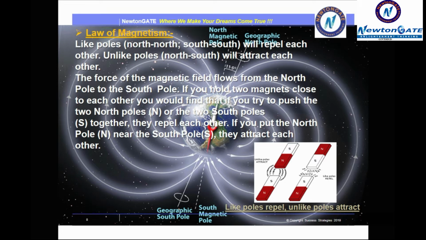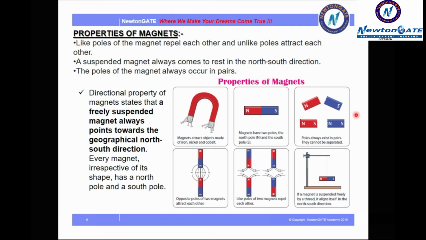If you hold two magnets close to each other and try to push the two north poles or the two south poles together, they will repel each other. But if you put the north pole near the south pole, they will attract each other and get attached to one another.